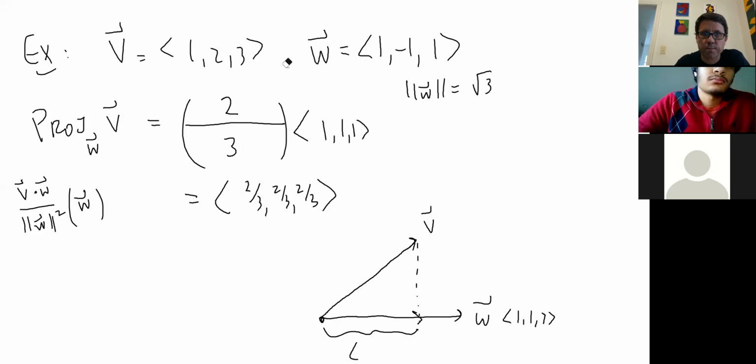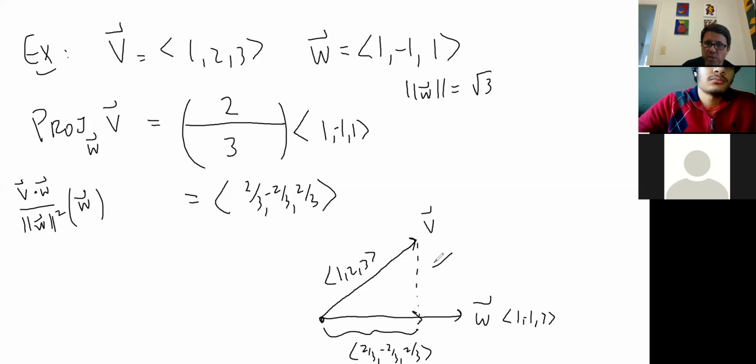Sorry about that. Minus is in the middle. So this would be the vector 2/3, minus 2/3, 2/3. So it's 2/3 of the length of the whole thing that would be the shadow. And again, this would be the vector 1, 2, 3.